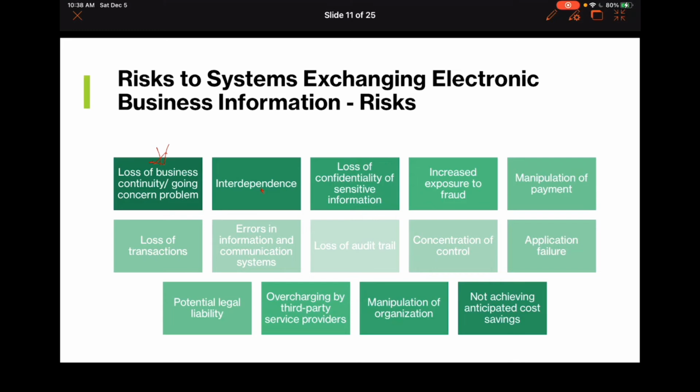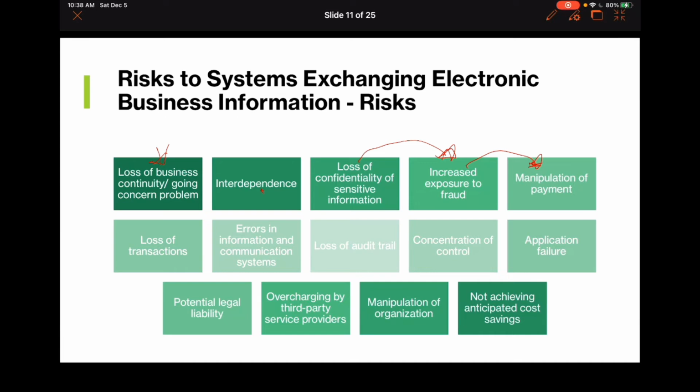Next, loss of confidentiality of sensitive information. And this confidential or sensitive information will lead you to an exposure of fraud or manipulation of payment. Since you are connected directly via these electronic interchanges, you are subjecting yourself to more risks of your business partner having direct access to your network.